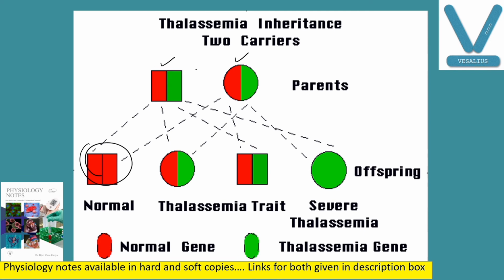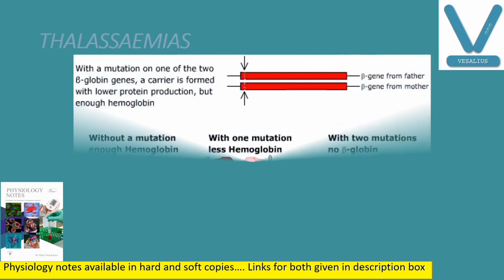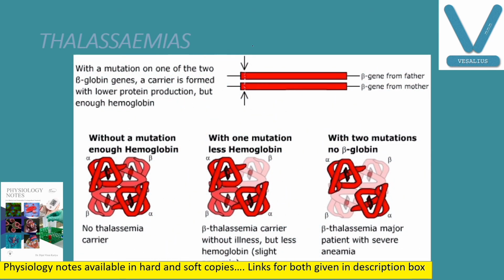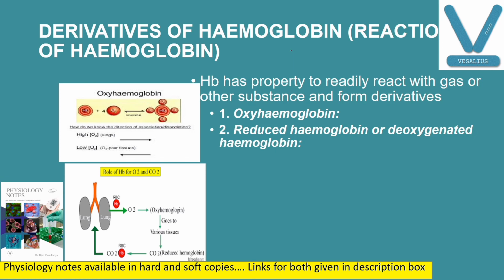If one of the parents is minor and the other parent is normal, then chances of the baby having thalassemia are least. So this is, again you can see, the thalassemia gene from father and mother, and this is your autosomal recessive disorder.